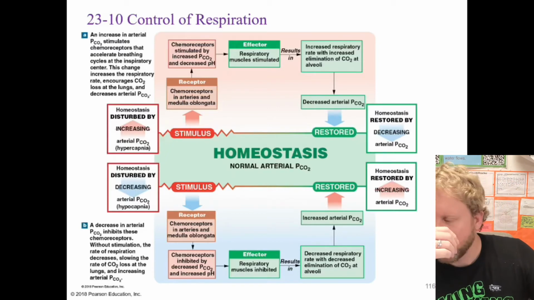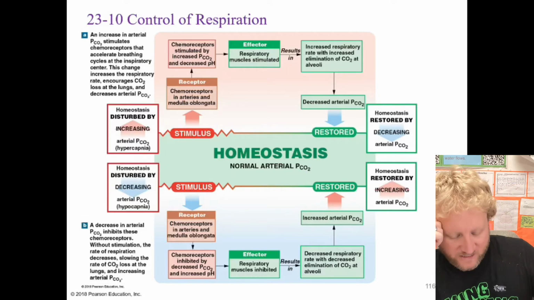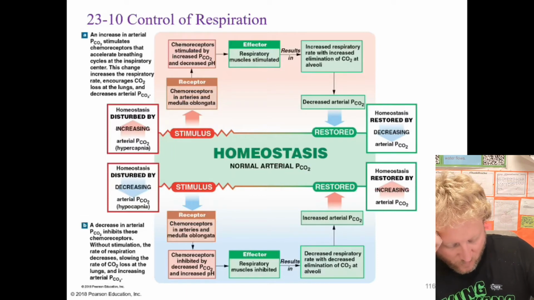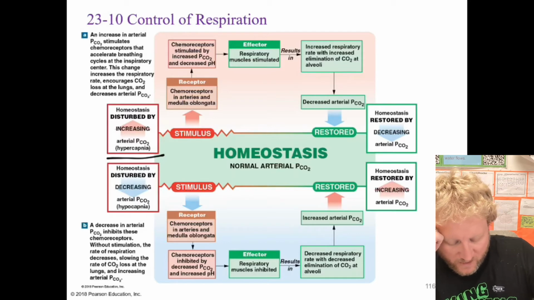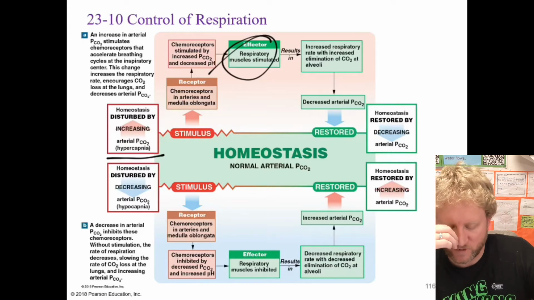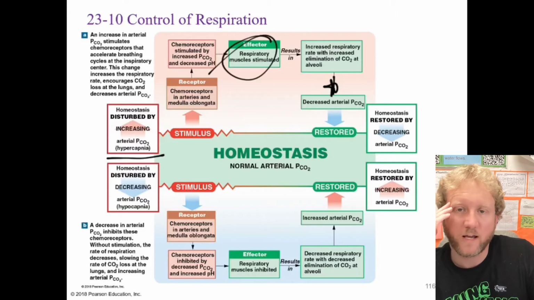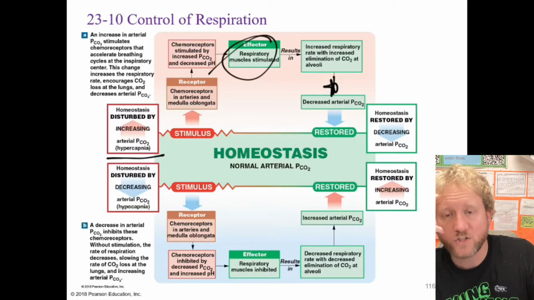So if you have a state where there is too much carbon dioxide in the blood, that is hypercapnia. Chemoreceptors in the arteries and medulla oblongata are going to increase the stimulation of respiratory muscles, which is going to increase respiratory rate, decreasing arterial carbon dioxide partial pressure, bringing that down, also increasing oxygen.